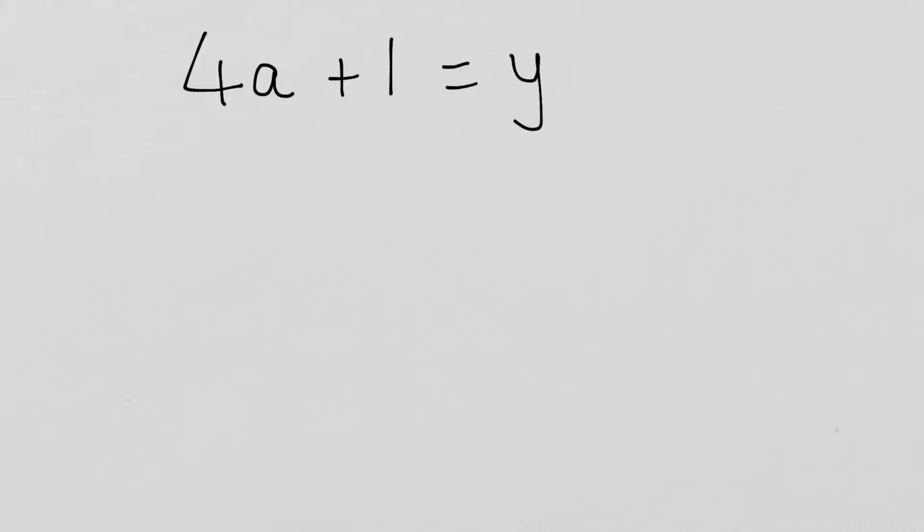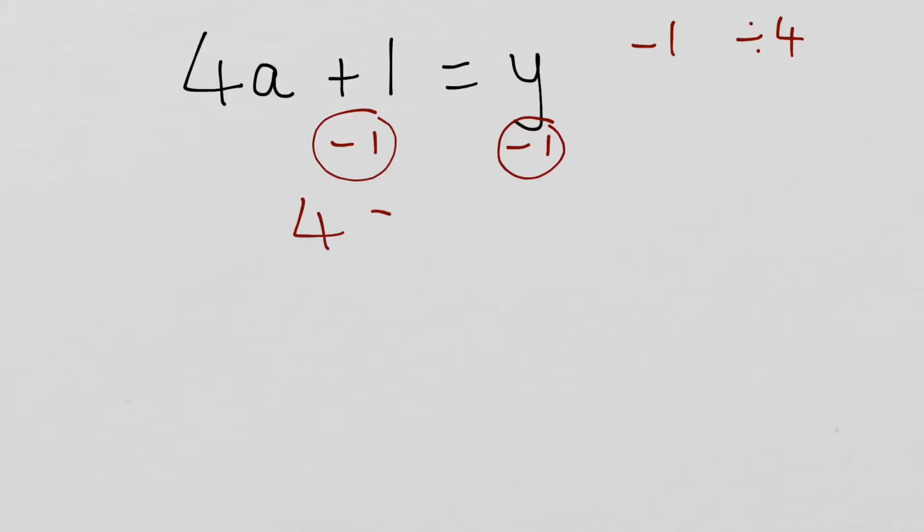Right, let's try one where we have to rearrange the equation. So same thing as before, I want to get a by itself, so I need to do the opposite, so I need to take away 1 and then divide by 4. So let's make a note of that, take away 1, divide by 4. So set out in an exam as take away 1, take away 1. So this side is nice and straightforward, just 4a. The other side, just say what you see.